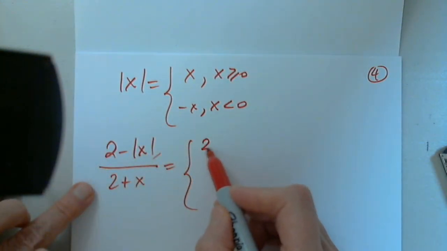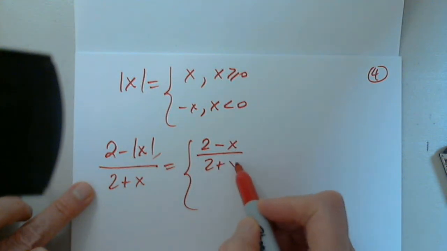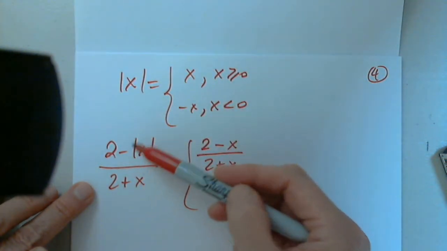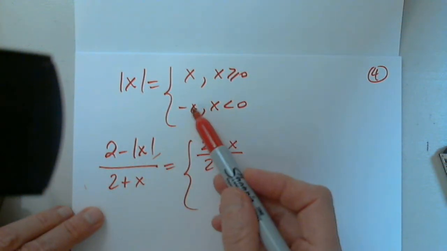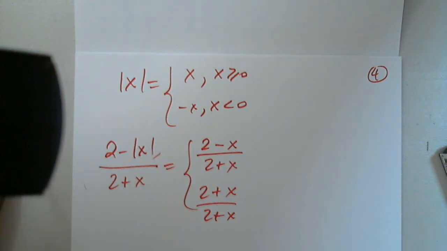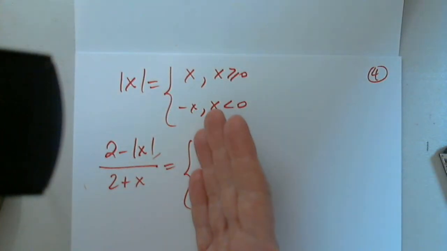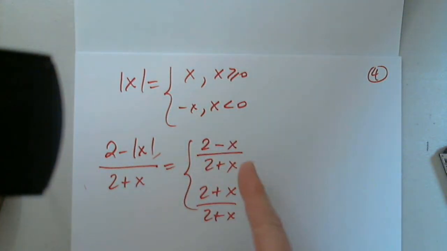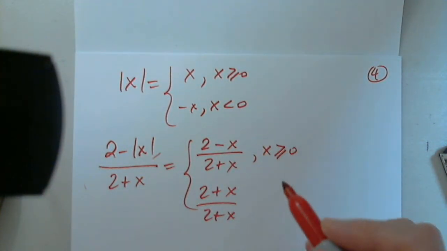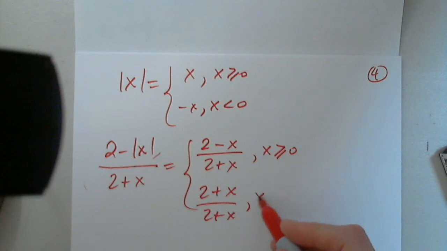One option will be 2 minus x over 2 plus x, when this is x. And the other option, when this is negative x, this will be 2 plus x over 2 plus x. But be careful now. I have to write x greater than or equal to 0. I have to write x less than 0.